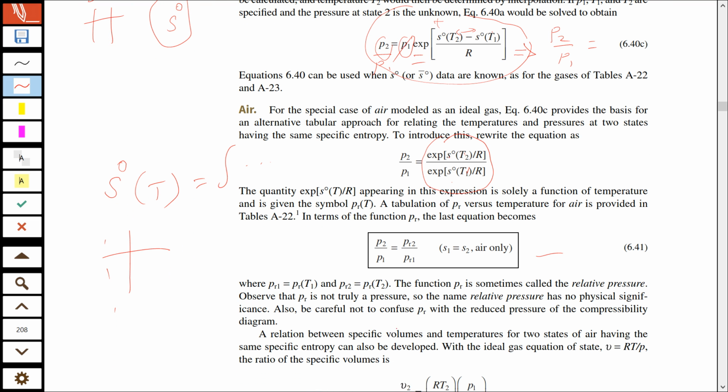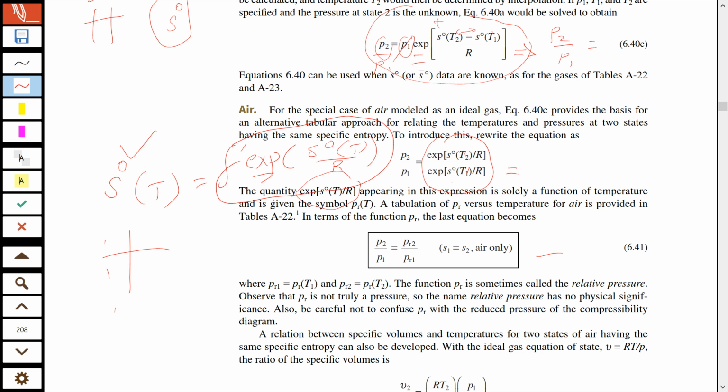I guess that this particular form of the exponential, so you have the exponential of that s naught, which I already discussed, and this time you divide that s naught at some temperature by the real gas constant, then you take the exponent.